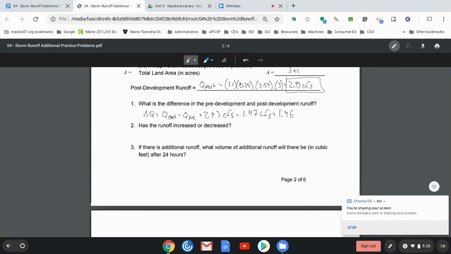So you've almost doubled it. This means it has increased. The post-development minus the pre-development is a positive number, therefore it has increased.